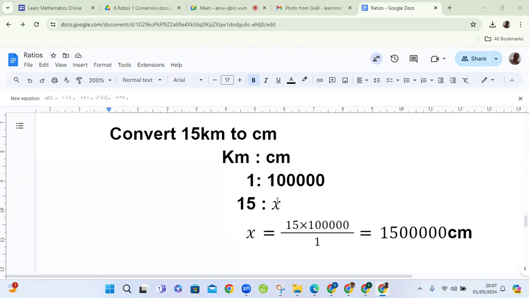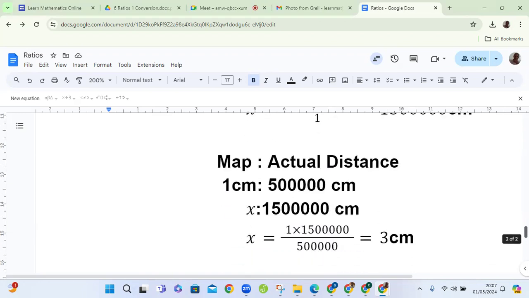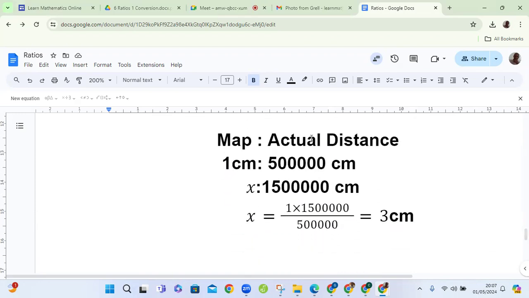Then we cross multiply and divide, so we have to divide by 1. So it's 15 times 100,000 divided by 1, which gives us 1,500,000 centimeters. So that is the actual distance, and this 1,500,000 centimeters will come under actual distance.